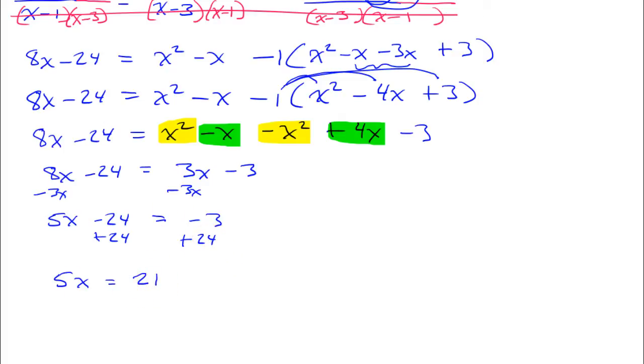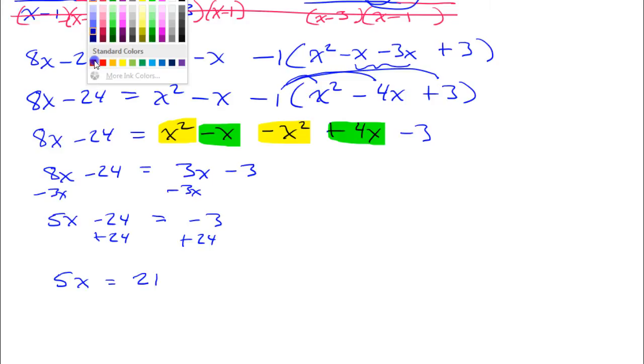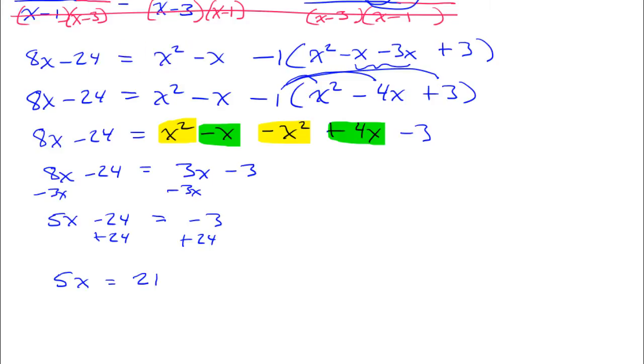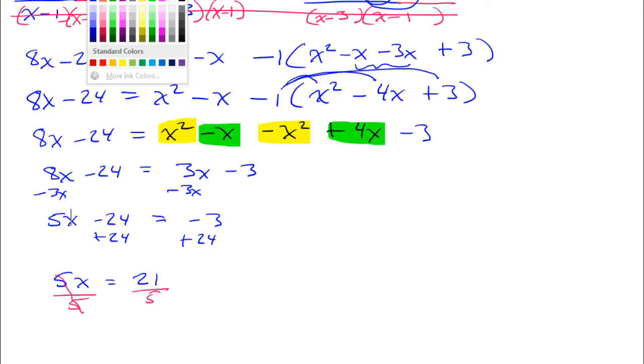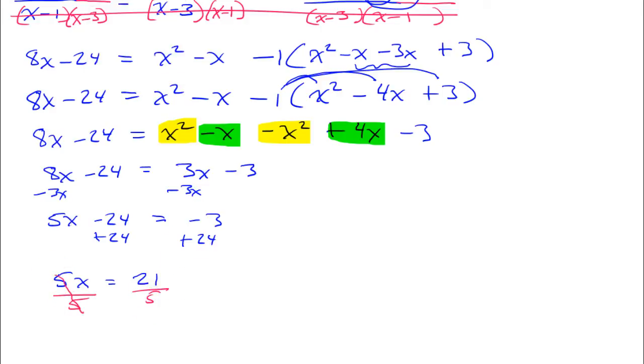Alright, time to divide both sides by 5. Now 5 does not go into 21 evenly. So all I know is that x equals 21 over 5. So this is my other critical value, 21 over 5.